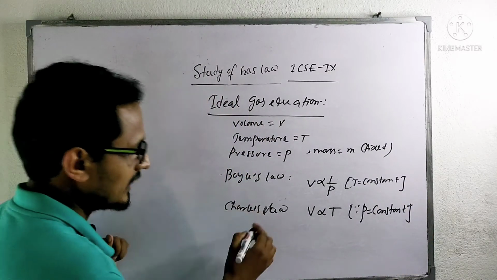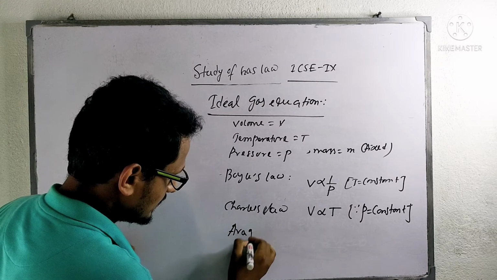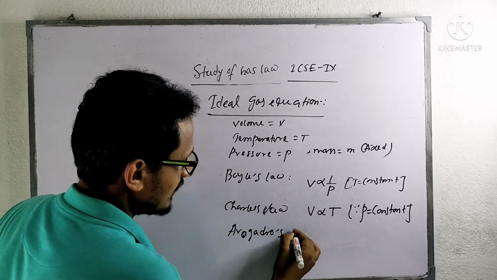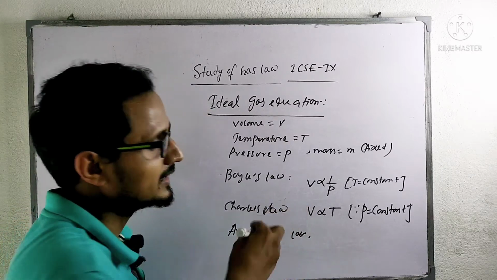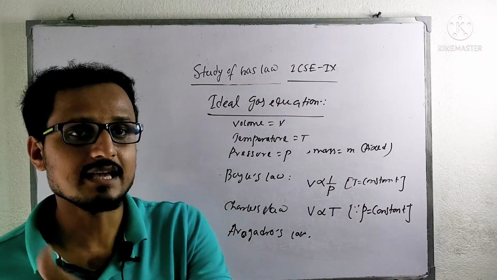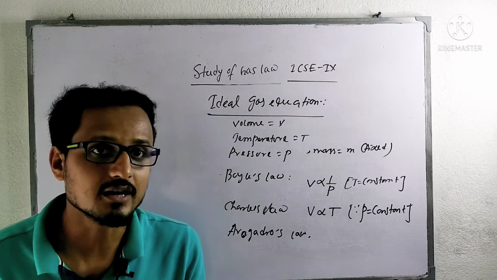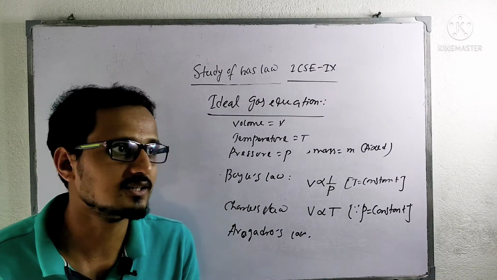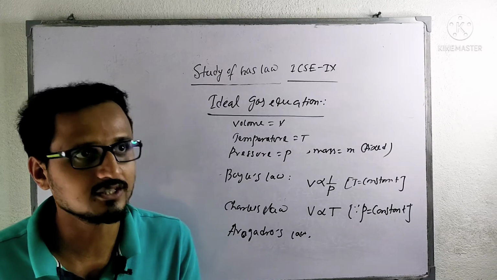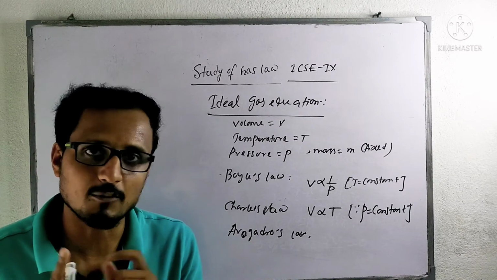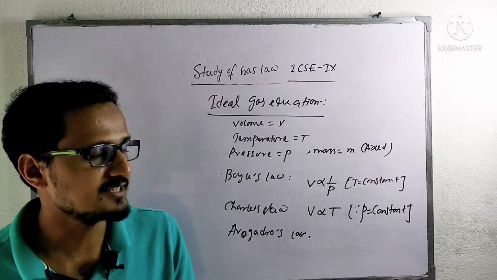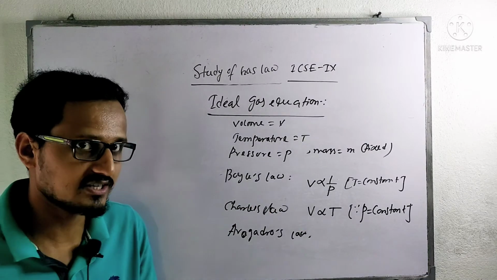Okay, done. Now Avogadro's law. Avogadro said that at STP and NTP, 1 gram mole of a gas will have 6.02 to the power 23 molecules. That is the Avogadro number.